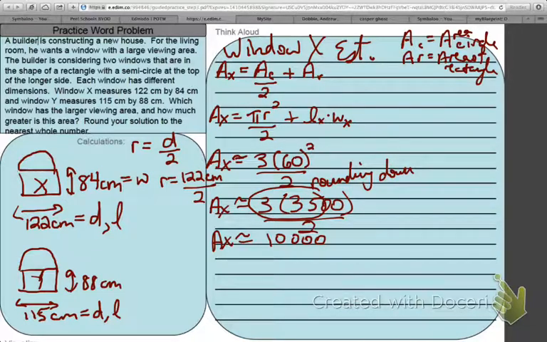So we're looking at 10,000, or 3 3,000s, which would be 9,000, and then we'd have to divide that by 2. So our approximate answer, again, this is for the area of the circle portion only, would be about 5,000. And that would be centimeters squared. So that's just for the circle.